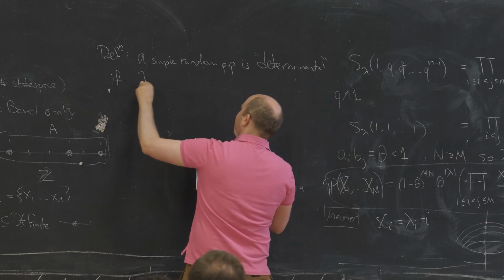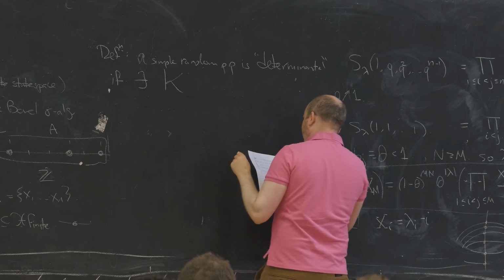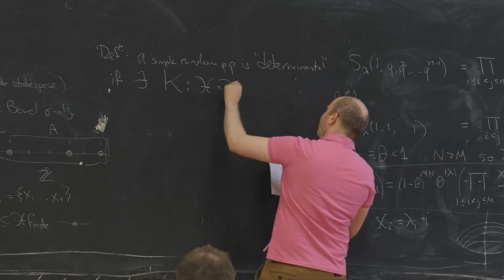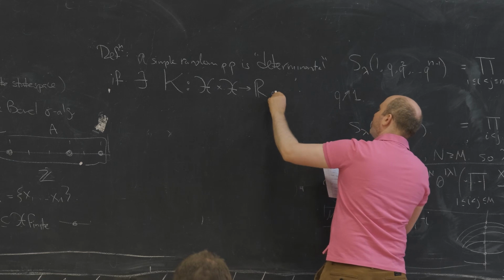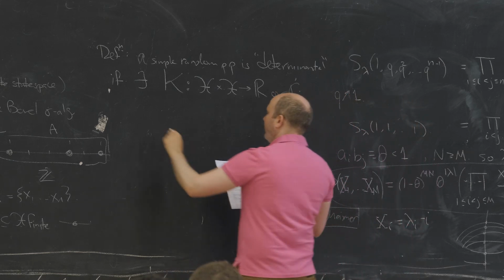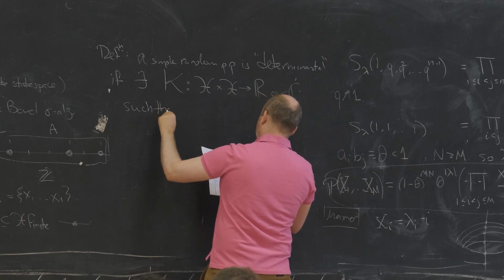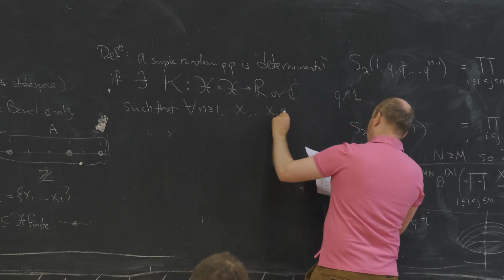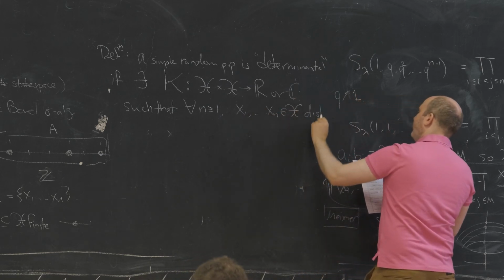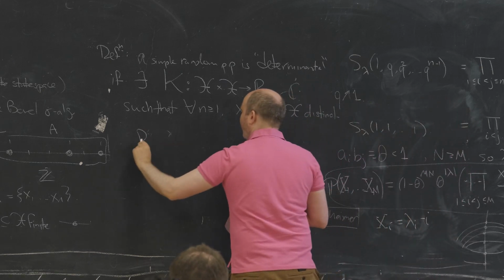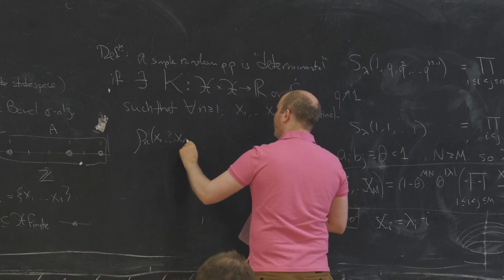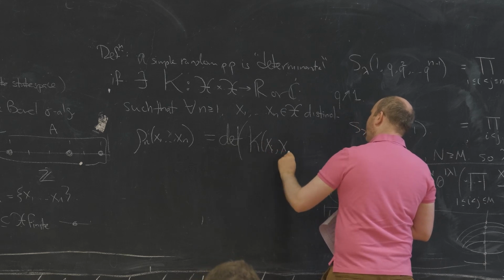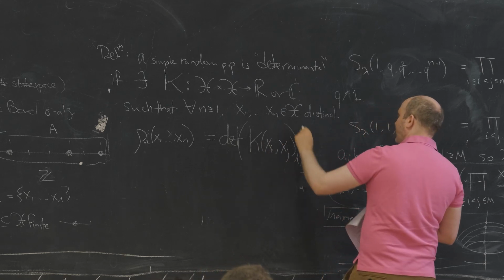if there exists what's called a kernel or a matrix, basically a function from chi squared, so chi cross chi, to the reals or the complex or some field, such that for all n bigger than or equal to 1, and all x1 through xn in chi distinct, the n-point correlation function at positions x1 through xn is equal to the determinant of k(xi, xj) as i and j span from 1 to n.